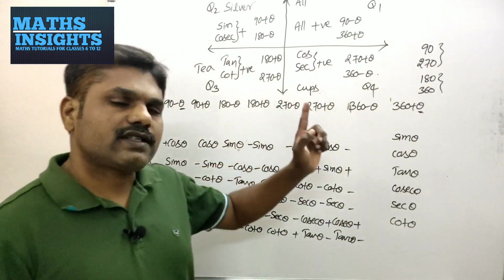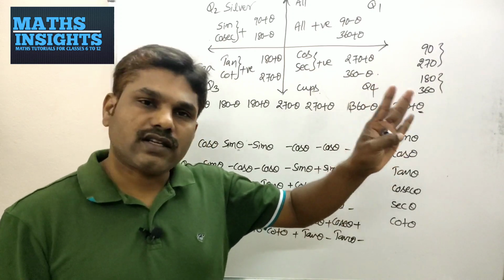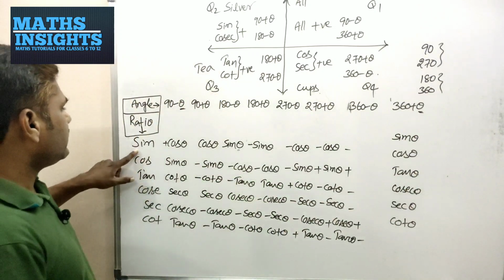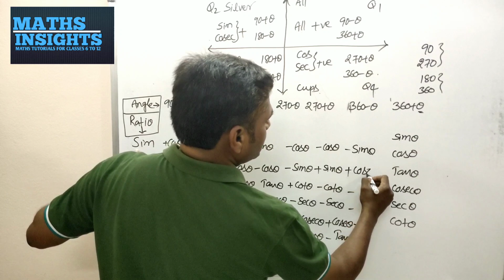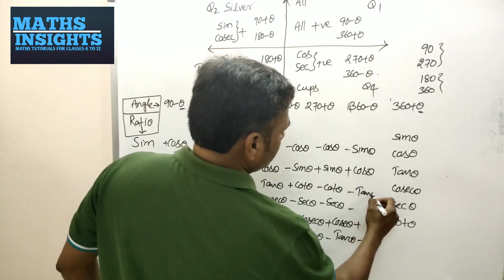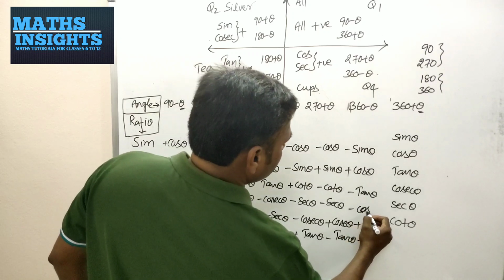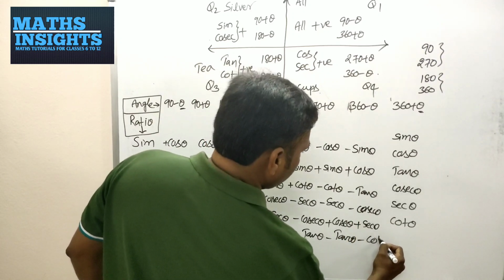Now, for 360, the ratios will not change. Sine will become sine only. Therefore, sine theta here, cos theta here, tan theta here, cosecant theta here, secant theta here, and cot theta here.